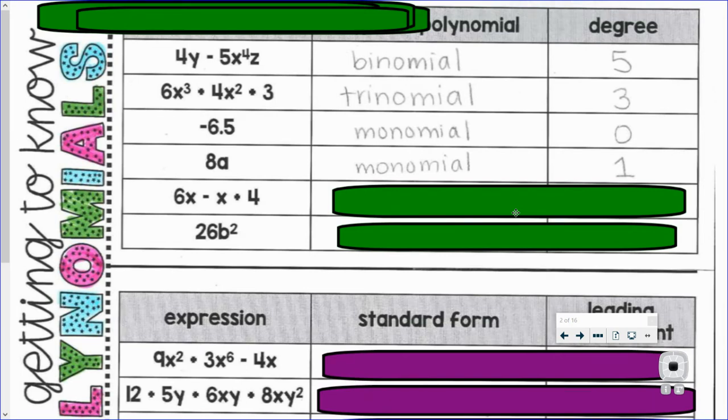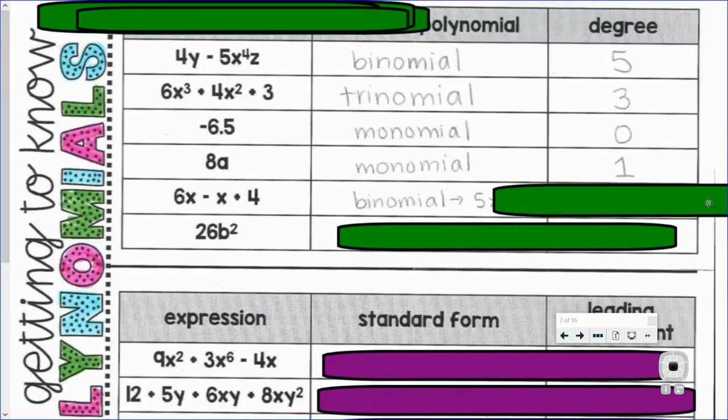Is there anything we can add or subtract or combine? Yeah. So if I did that, I would get 5x plus 4, right? So now, thinking of 5x plus 4, what is it? Monomial, binomial, or trinomial? Yes, binomial.